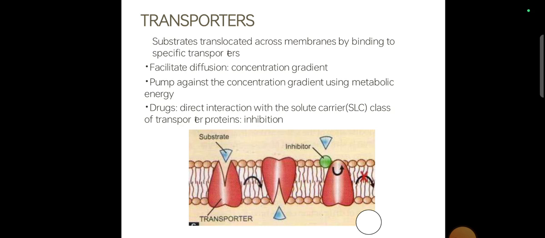Transporters: substrates are translocated across the cell membrane by binding to specific transporters. These transporters facilitate diffusion along the concentration gradient, or pump against the concentration gradient using metabolic energy. Drugs interact directly with the solute carrier class of transporter proteins and work as inhibitors.